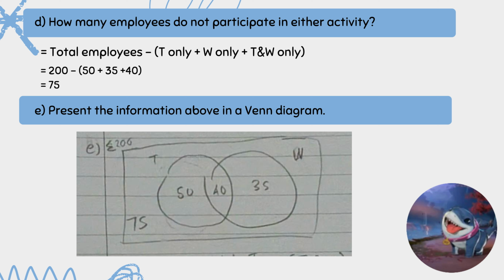That gave us 75 employees who don't participate in either activity. This information is then shown in the Venn diagram, question E, where the two circles represent team building and workshop, and the number outside the circles, 75, represents those not involved in either activity.